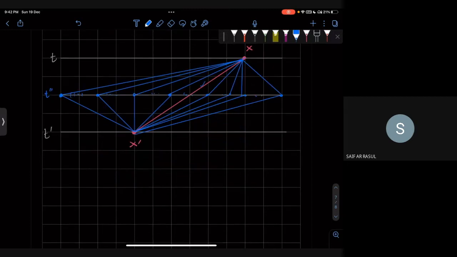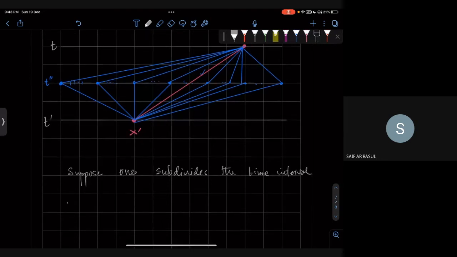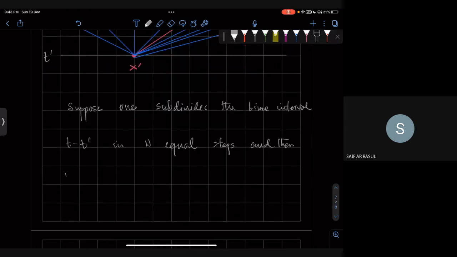So I'm not going to dwell on this, but suppose one subdivides the time interval t minus t prime into, say, n equal steps, and then takes n to infinity.